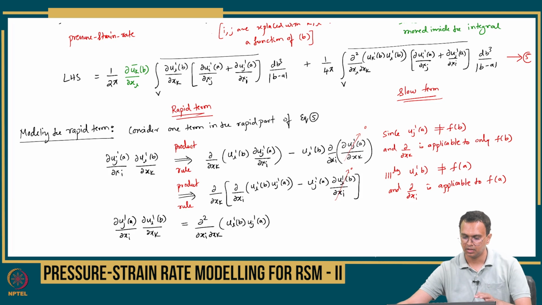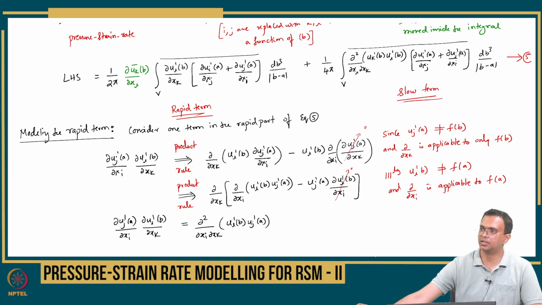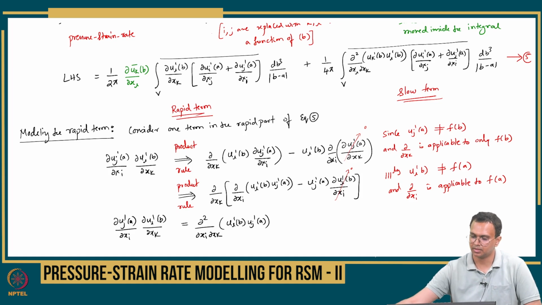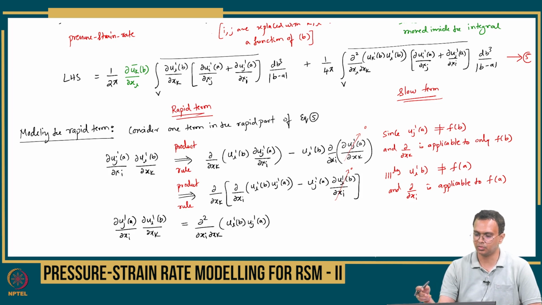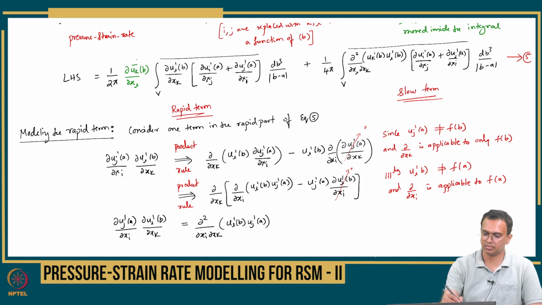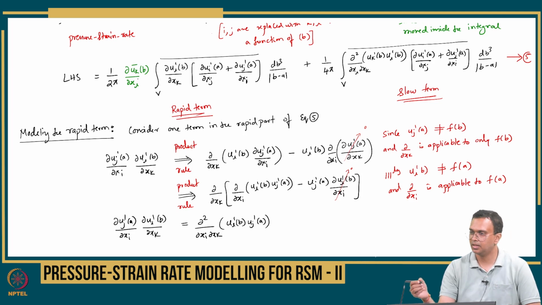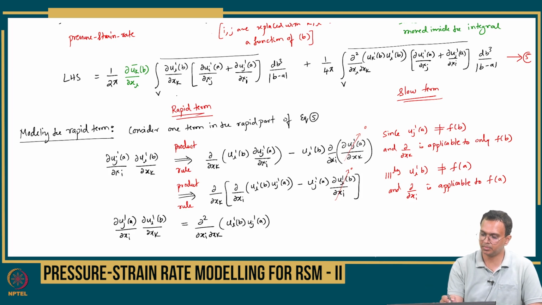So if you see, we have somehow brought a relationship between the rapid term, which essentially has a mean strain. In that particular term we have said the rapid term is now related to a mean strain, the green particular thing that I have written, dou uk bar by dou xl. And in the rapid term I have a mean strain plus another term whose nature was not visible.